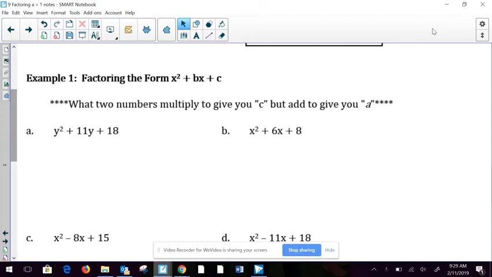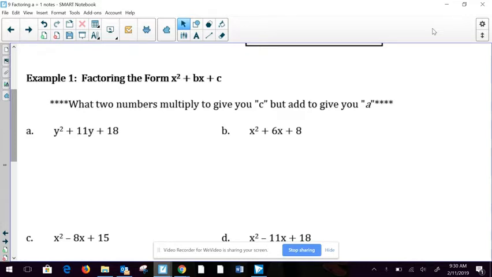Everybody, welcome back. Yesterday, we went through how to use guess and check in order to factor polynomials. Now remember, this only works when you have three terms. And if you think back to the day before, we also used factor by grouping to factor four terms.